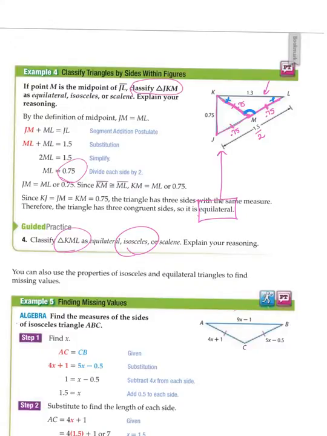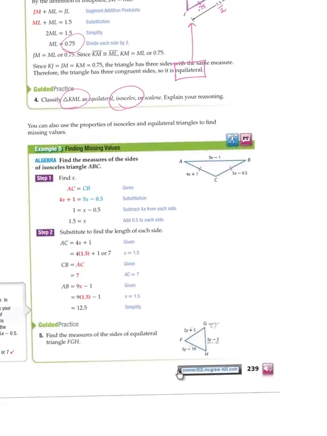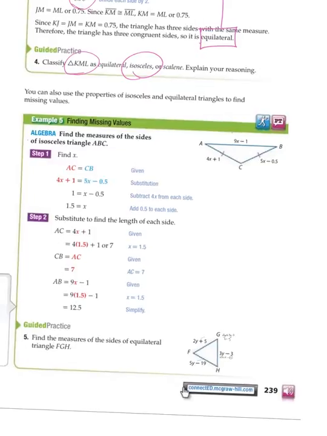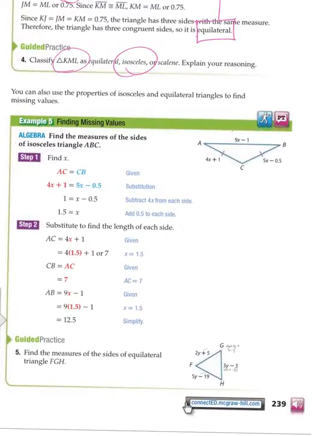All right, let's look at this one down here. I'm seeing some work down here from where we looked at this the other day. Clean that up a little bit. All right. In example 5, it says, find the missing values. It means we want to find what x is, and then we want to substitute that x to find the measures of the sides of triangle ABC.